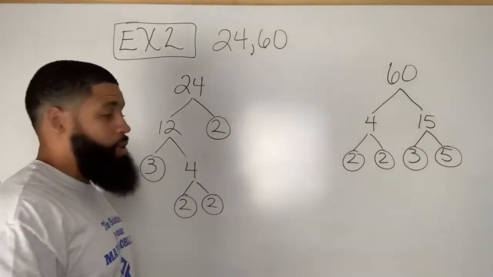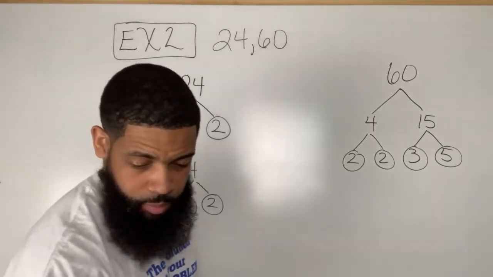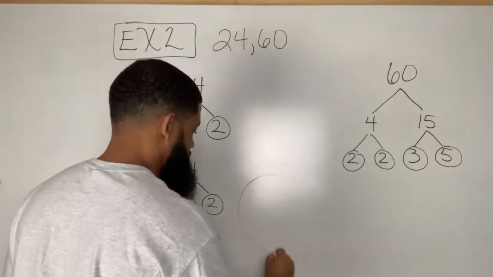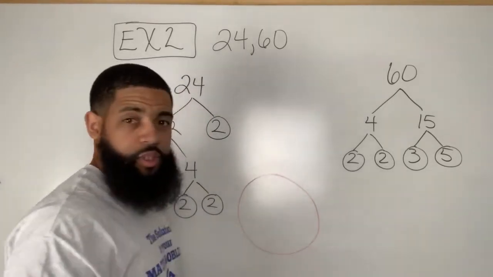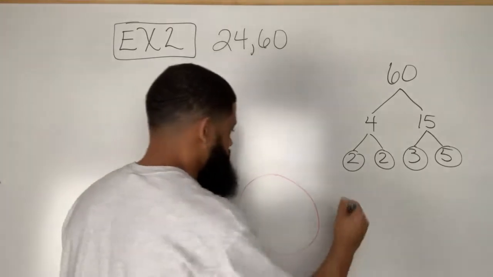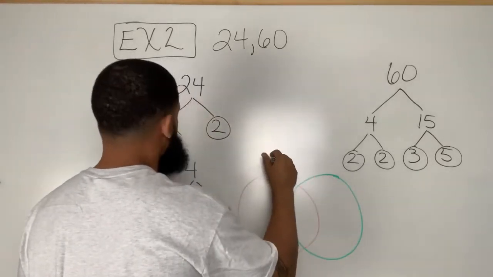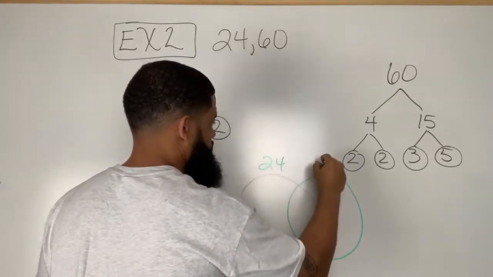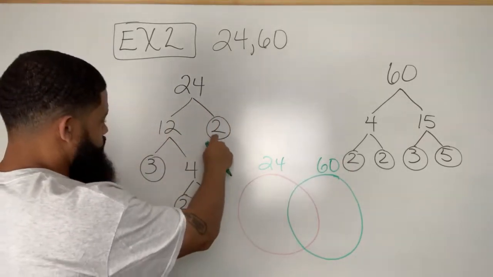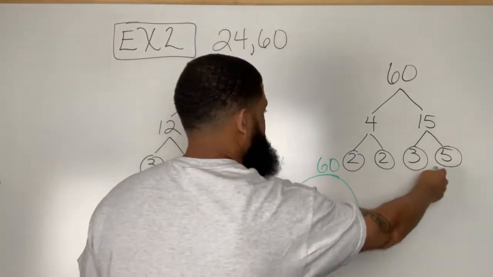Now, what I want to do is use a Venn diagram this time. Hopefully that red shows up. It does. I'm going to write the GCF, or the common factors. For this one, I have 2, 2, 2, and 3. Here I have 2, 2, 3, and 5.